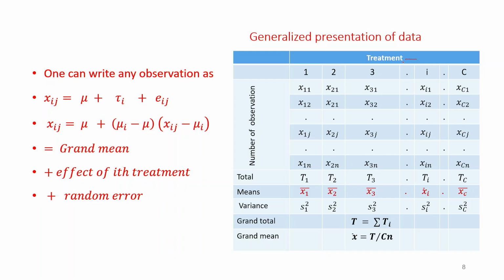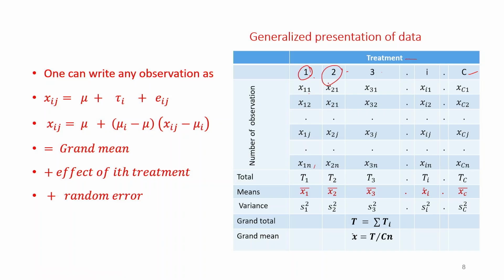So treatments 1, 2, 3, 4, 5, I, it can go up to C number of treatments. And then under each treatment, we have the corresponding data points written as x11, x12, x13, x1j, x1n. There are n observations. These observations are for treatment 1.